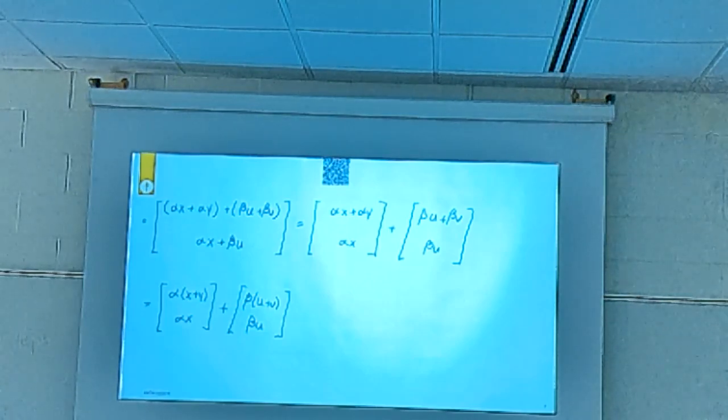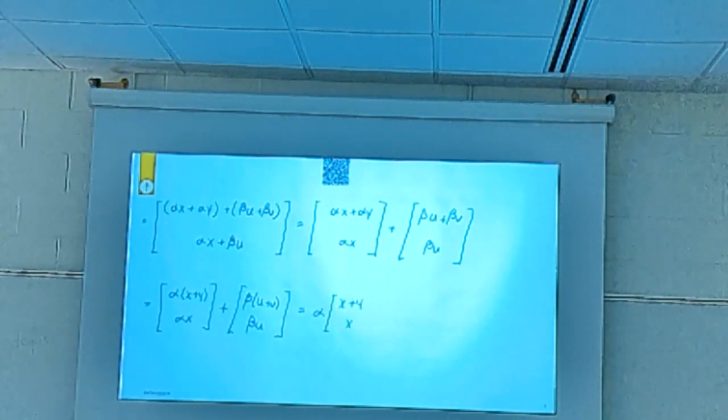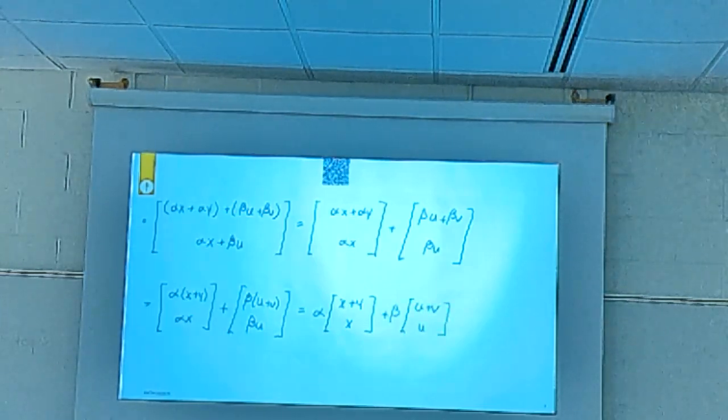Second vector, you have that beta. Right, scalar multiplication, we factor that alpha out of the first vector, factor that beta out of the second vector.